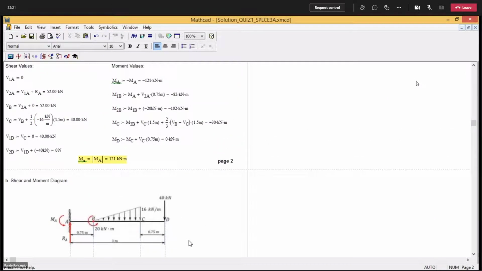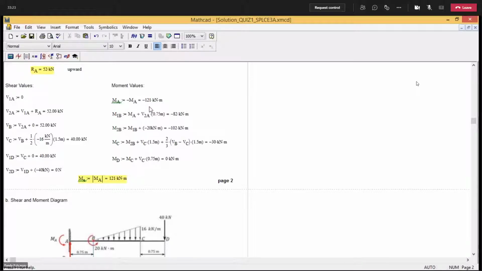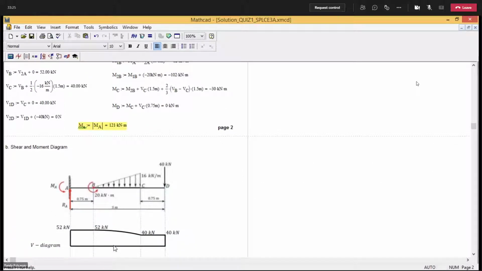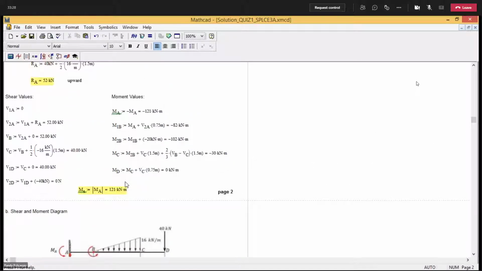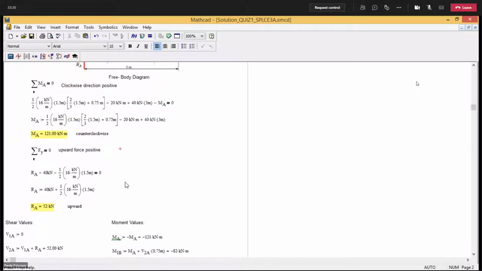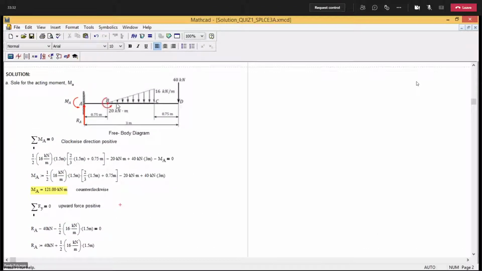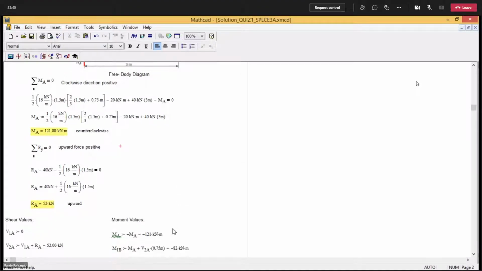Okay? Now for the moment values, you're going to use this diagram. At point A, when you look at your beam, you have an external moment, MA. And this is counterclockwise in direction, so that is why it is negative. So negative 121 kilonewton meter.